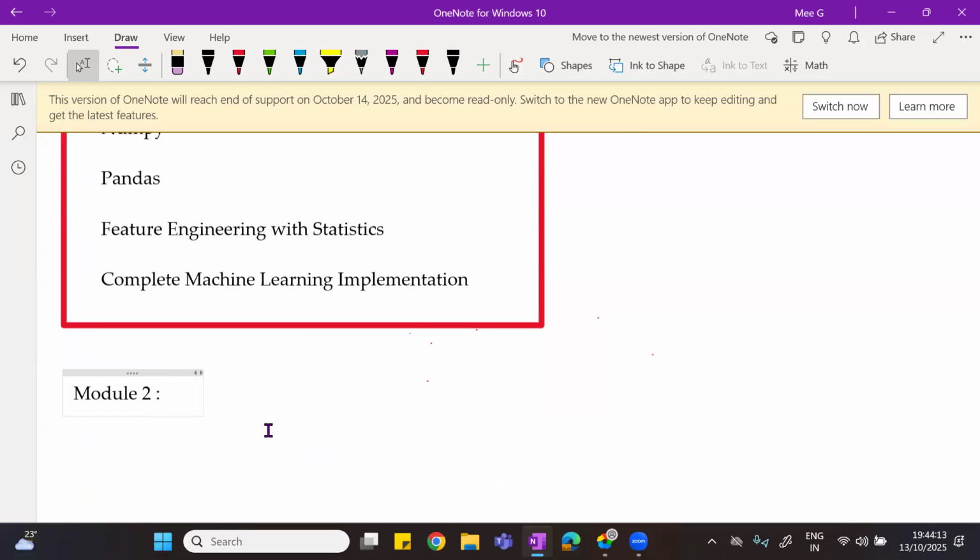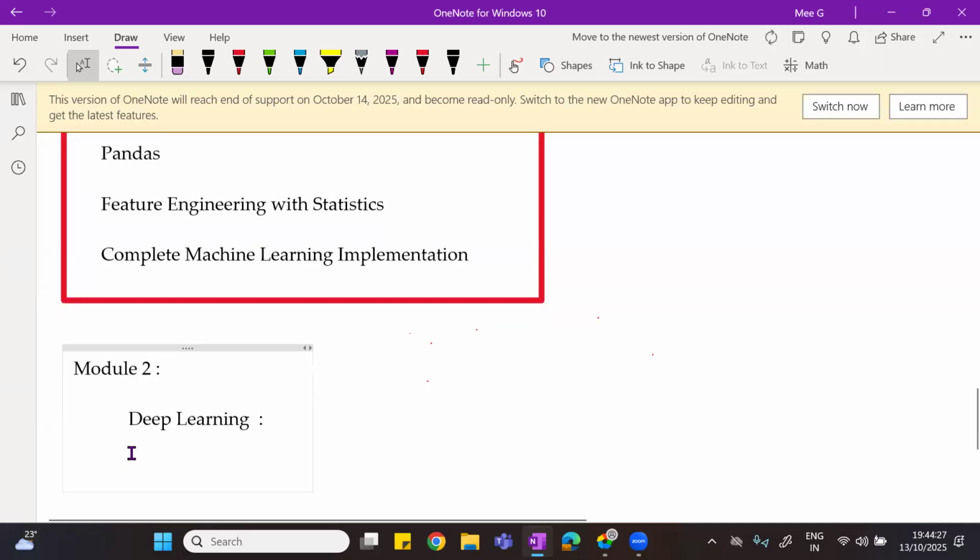Module 2 is almost 50% coding, and whatever is learned over here will be taken forward into our deep learning. Deep learning is majorly classified into 2 types. One is computer vision. What is computer vision?